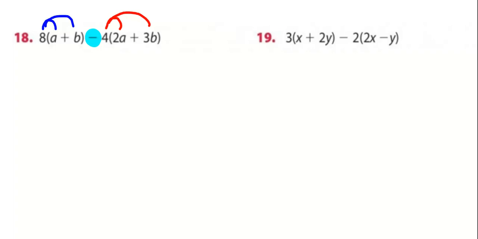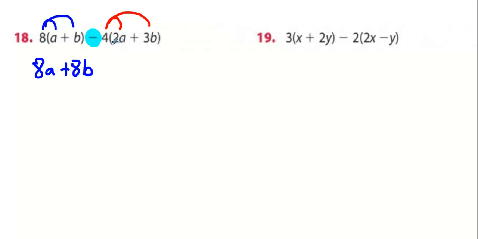So, you listening? Okay. C, 8 times A. 8A, good job. 8 times B. 8A plus 8B, good job. Because you multiply the 8 by the A and then the 8 by the B. J, how'd you do the red part, you reckon?